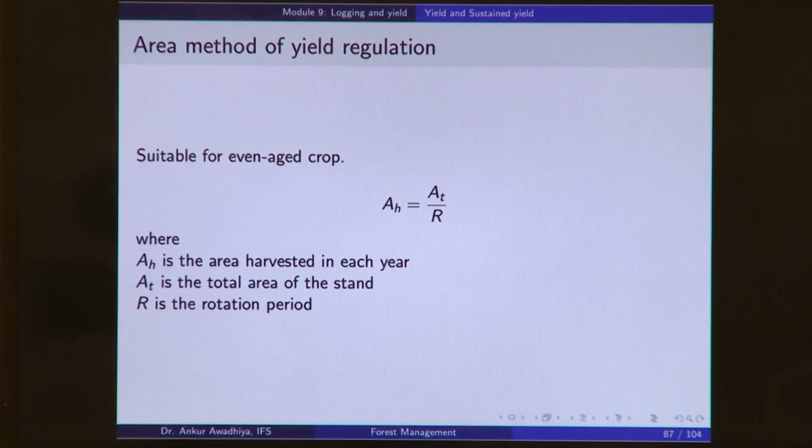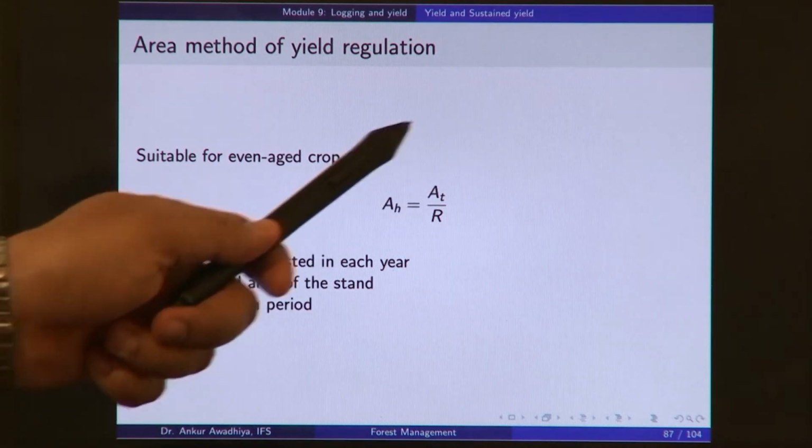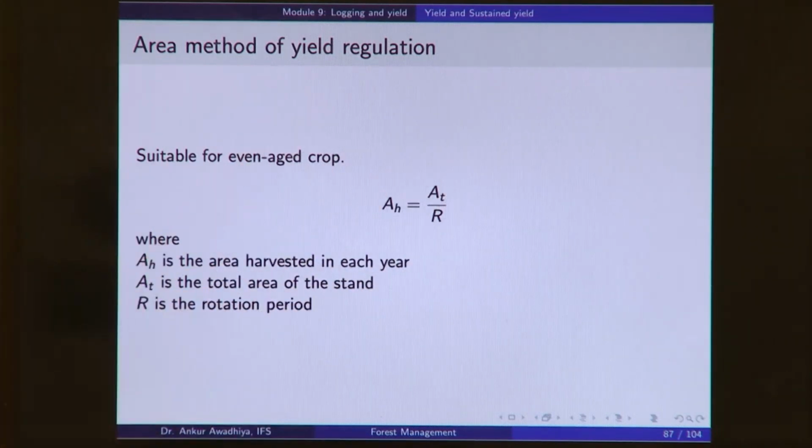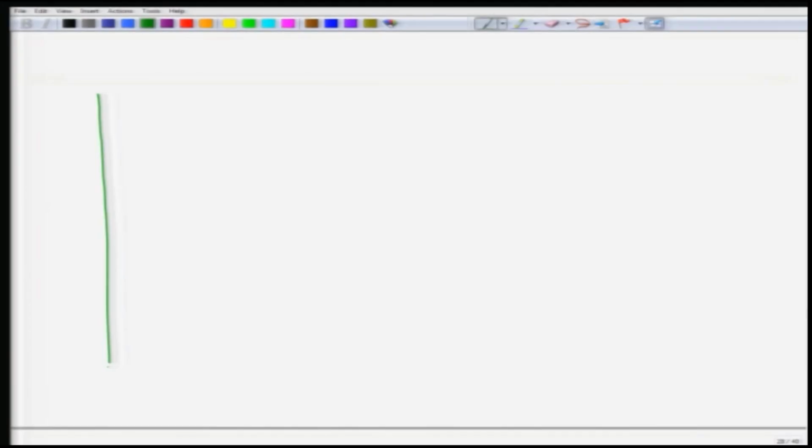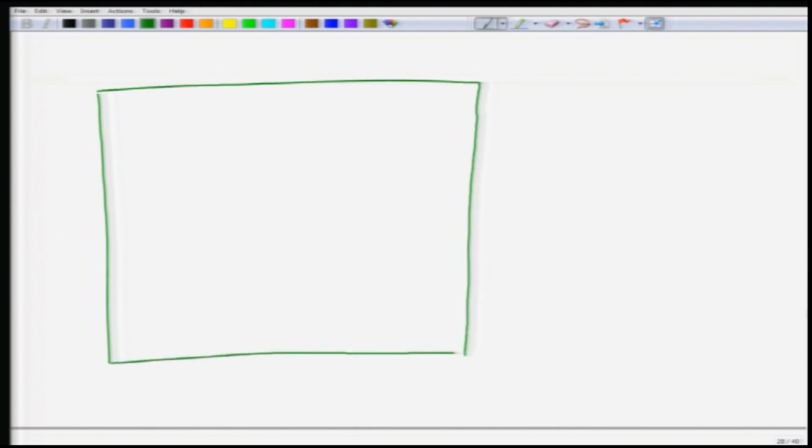Now, the area method says that in the case of an even aged forest, the area that should be harvested every year is equal to the total area divided by the rotation period. So, in the case of an even aged forest, this method says that suppose this is your forest, and let us say the rotation age is 16 years.